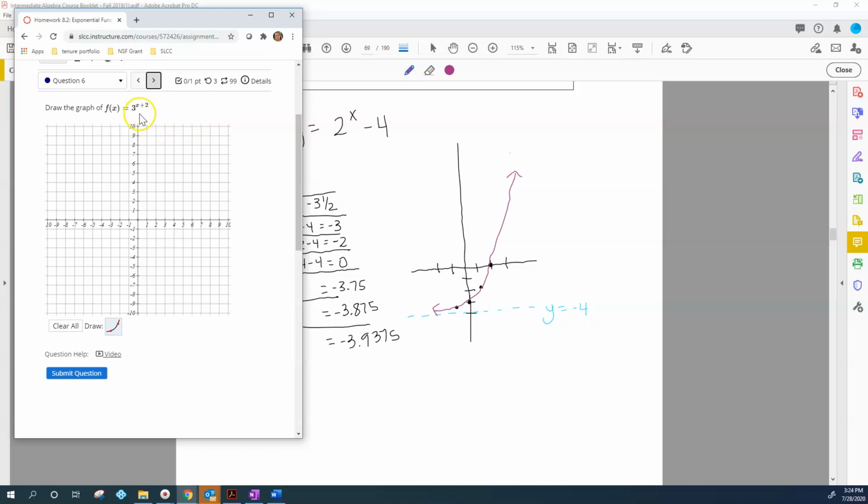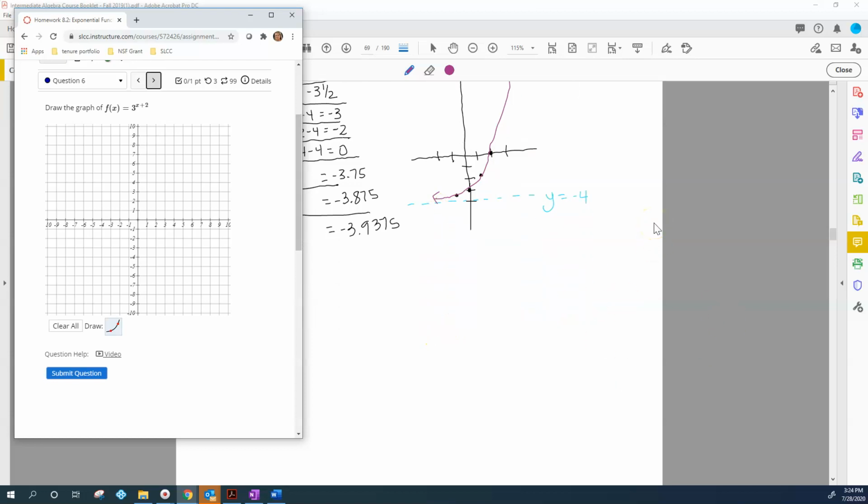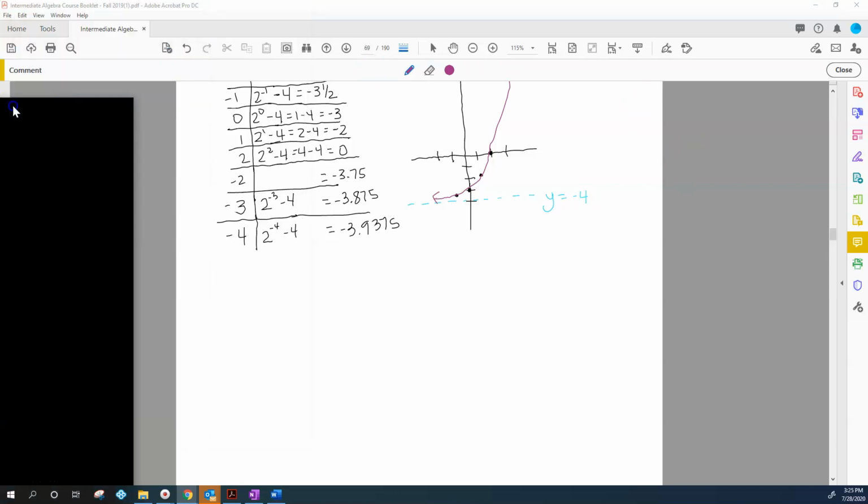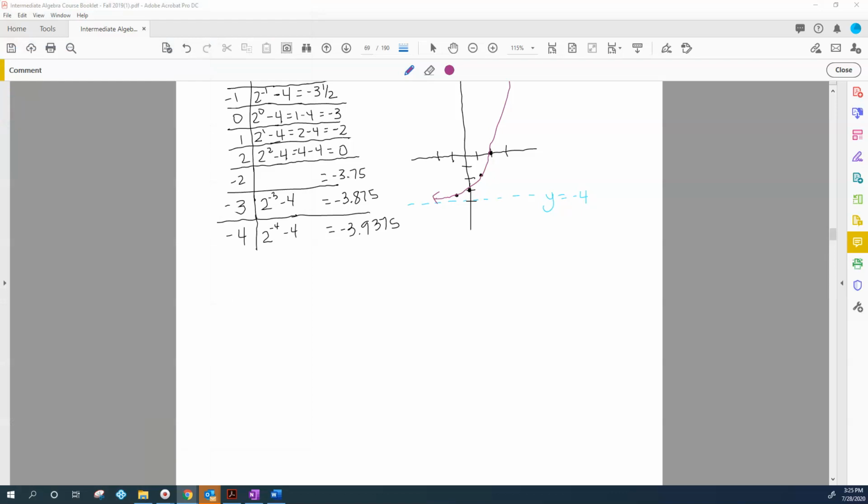So what happens on one like this, 3 to the x plus 2 power? Write that down somewhere, that f of x equals 3 to the x plus 2 power. It's not going to really let me. I'll come back to that in a second.